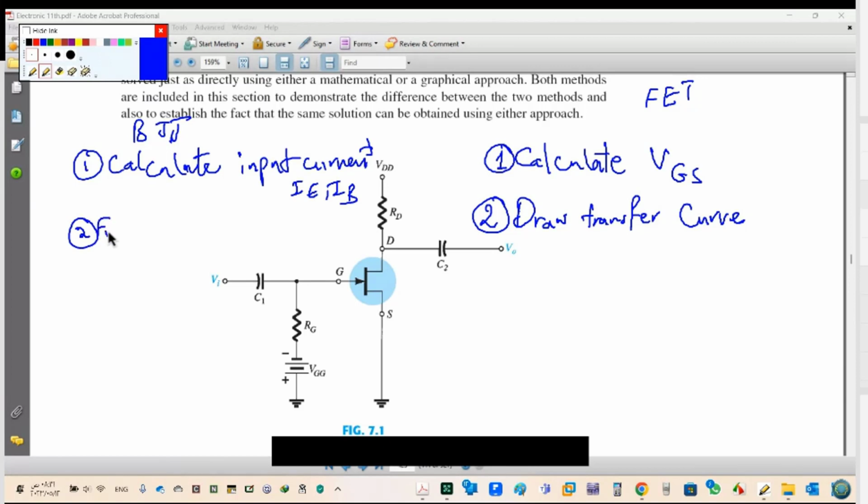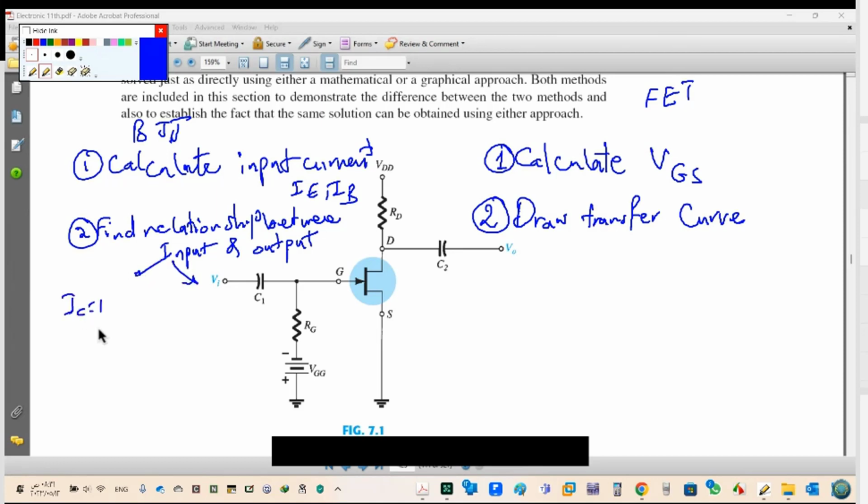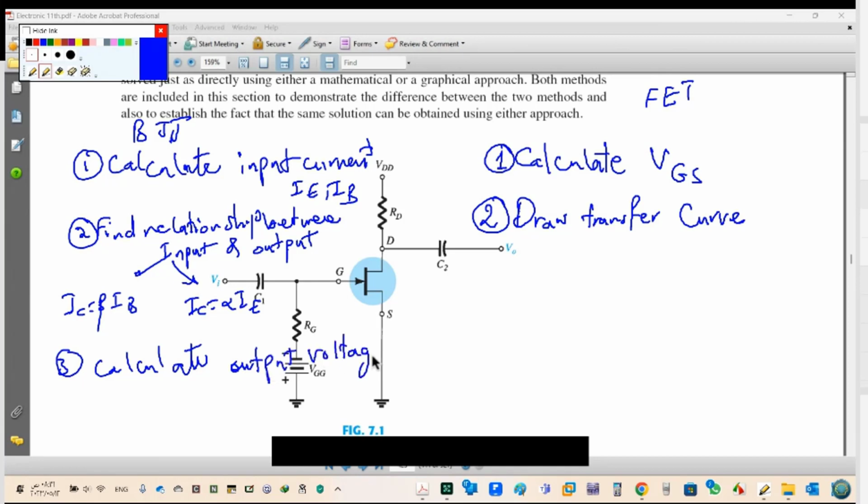Then find the relationship between input and output. We have two formulas for this: IC equals beta IB, IC equals alpha IE. Remember. Then third, calculate the output voltage.